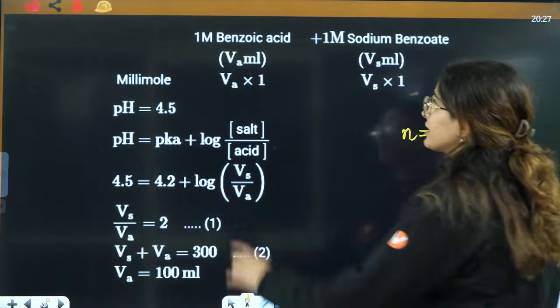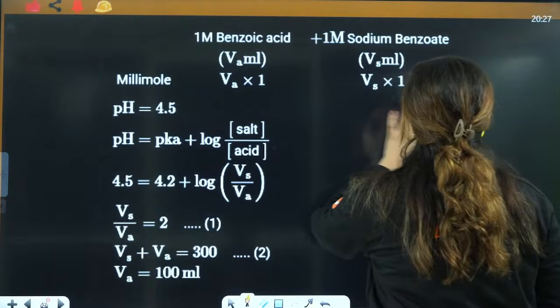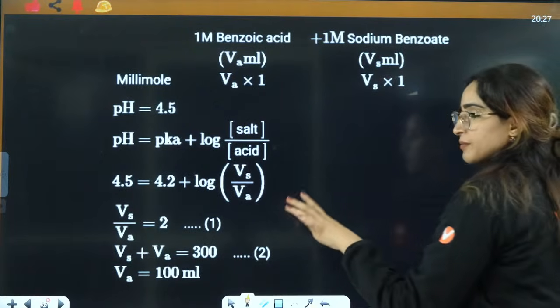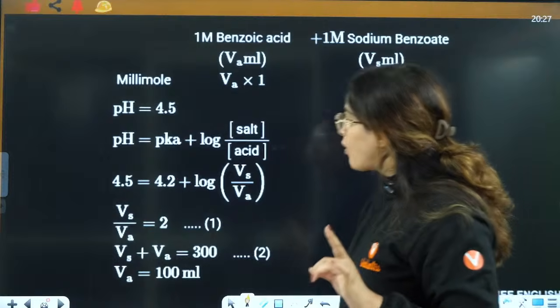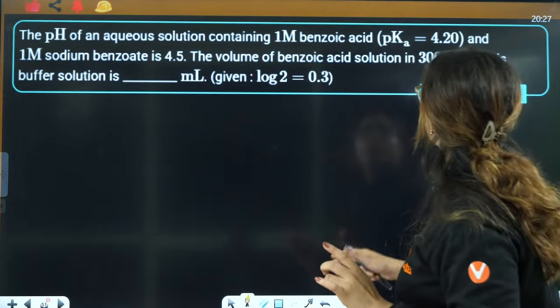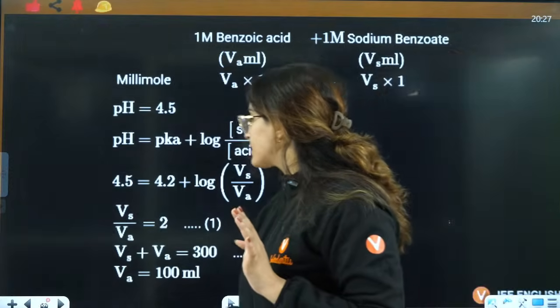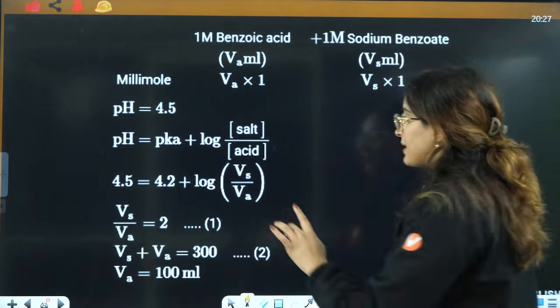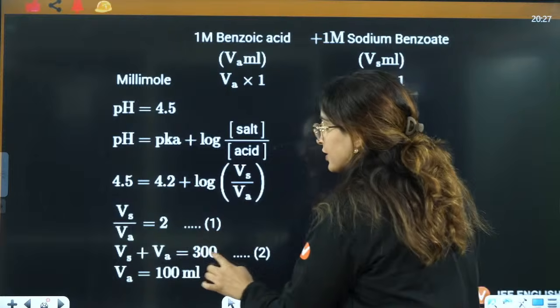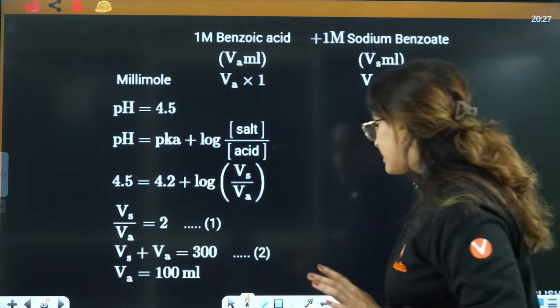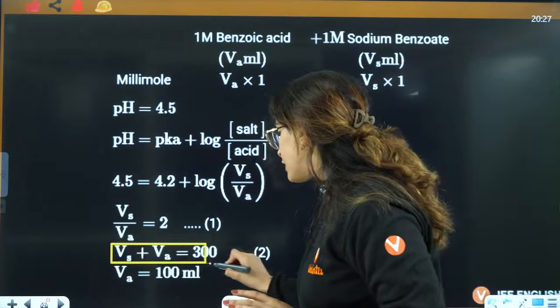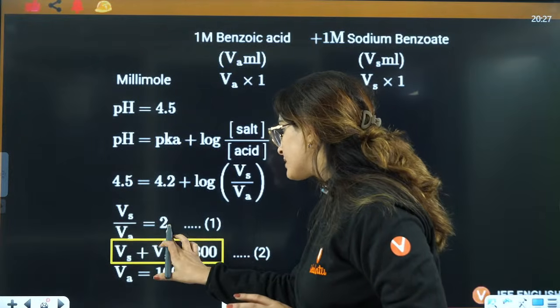So we have taken the volume of acid as Va, volume of salt as Vs. What is given to you? The volume of the overall buffer solution is given to you. That means Vs plus Va is given to be 300.